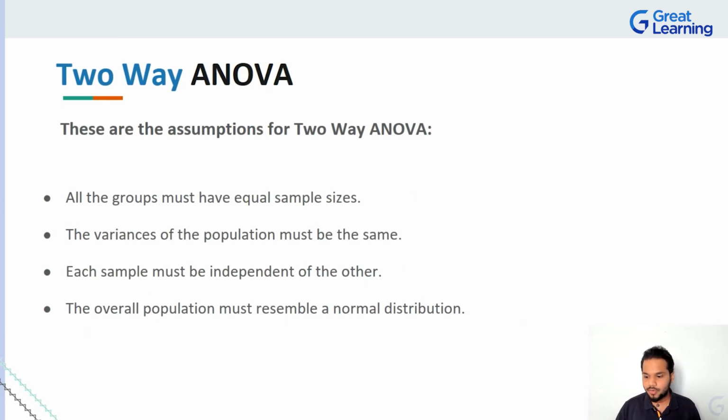Now, to perform two-way ANOVA, since you have two independent variables here, there is a very important concept you have to understand. There are certain assumptions which have to hold true. First of all, the groups must have equal sample sizes. If one group has a ton of data and the other group has a small amount of data, and you try to compare them, of course, your data can be skewed in one direction. It's not a fair comparison, correct? Similarly, the variances in the population must be the same, as in how much the data varies.